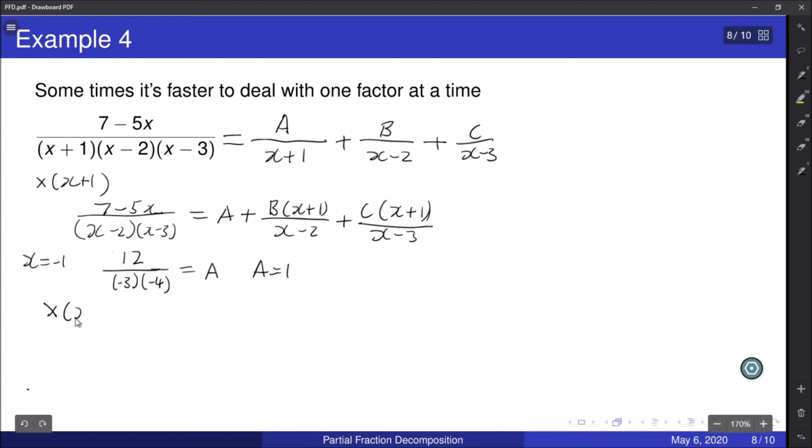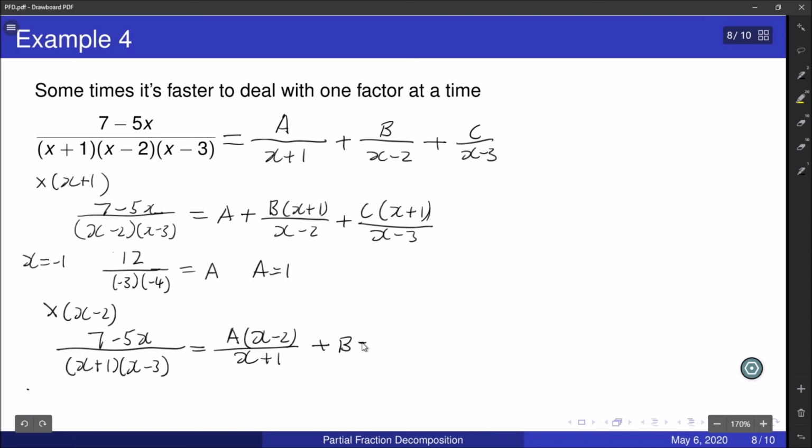So we multiply everything by x minus 2. So we end up with 7 minus 5x over (x plus 1)(x minus 3) equals a(x minus 2)/(x plus 1) plus b, because b is the only one left, plus c(x minus 2)/(x minus 3).